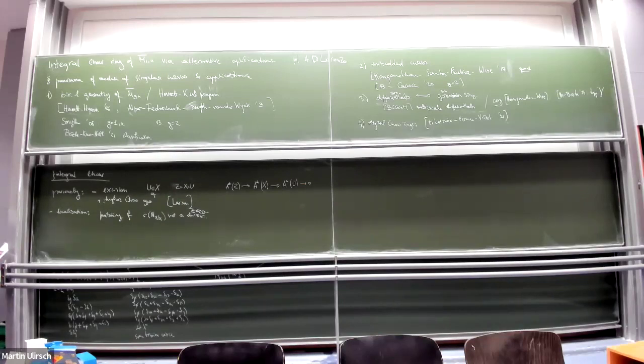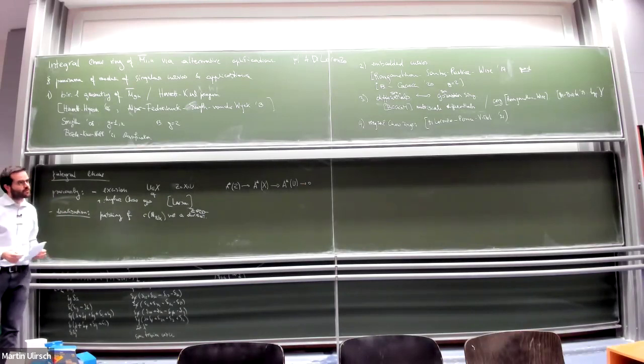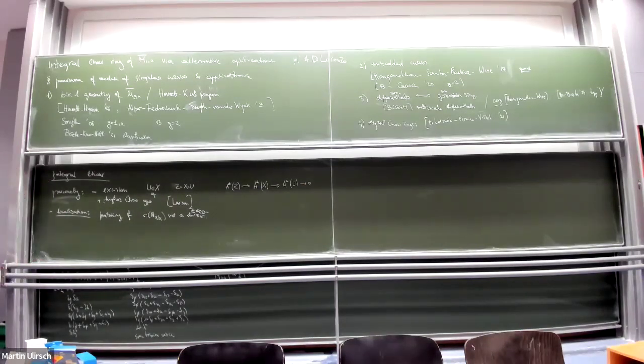So in this setting, singular curves enter already. For example, they studied the integral ring of M1 bar by studying moduli space by admitting cusps in the moduli spaces.